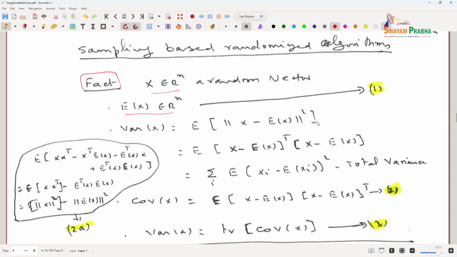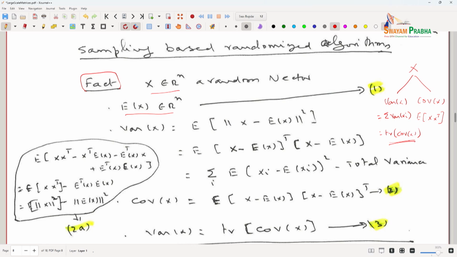When I have a random vector, I have what is called the covariance of X. Covariance of X is equal to the expected value of (X minus E[X]) times (X minus E[X]) transpose. Then we have talked about the total variance of X, which is equal to the sum of the variances of Xi, and this is equal to the trace of the covariance matrix.